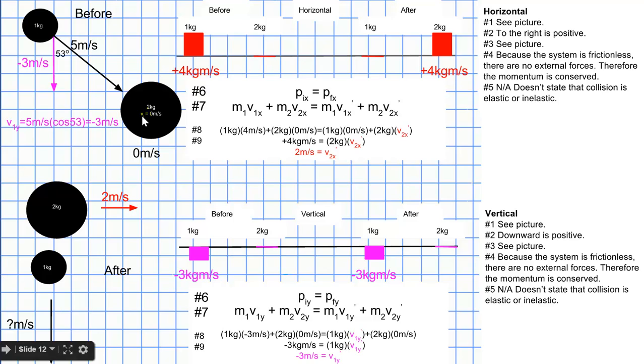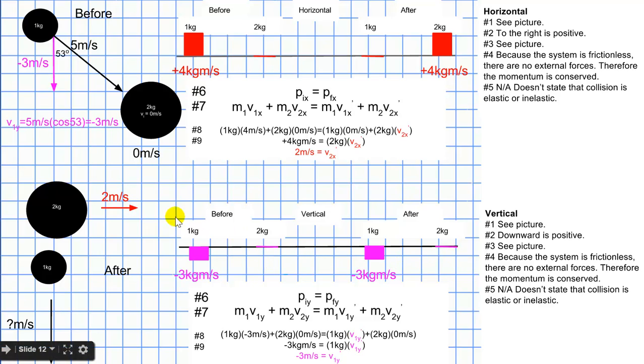The 2 kilogram mass isn't moving at all, so it's got no vertical momentum. So only the 1 kilogram mass has any momentum, and its momentum is 1 kilogram times negative 3 meters per second, so that gives us negative 3 kilogram meters per second. The 2 kilogram mass, again, has no momentum before the collision.